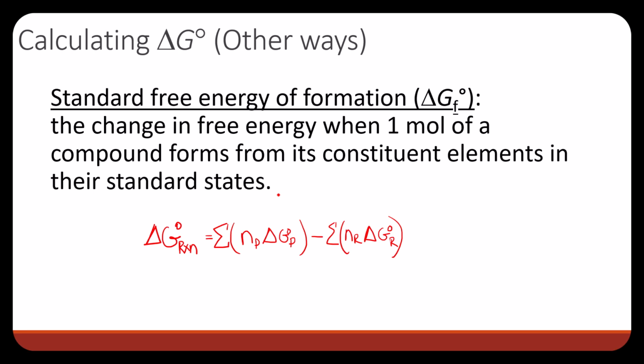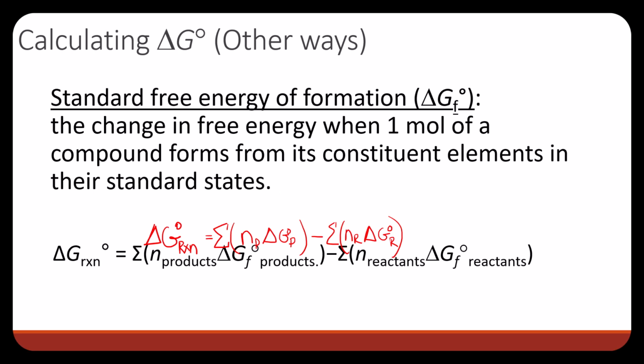Each of the reactants, moles times standard, add all those together. And then we're going to subtract products minus reactants. So here's the kind of official formula. I think these formulas are a little bit messier than they need to be. So we're just going to kind of hash out an example. And I think that's the easiest way to learn these.